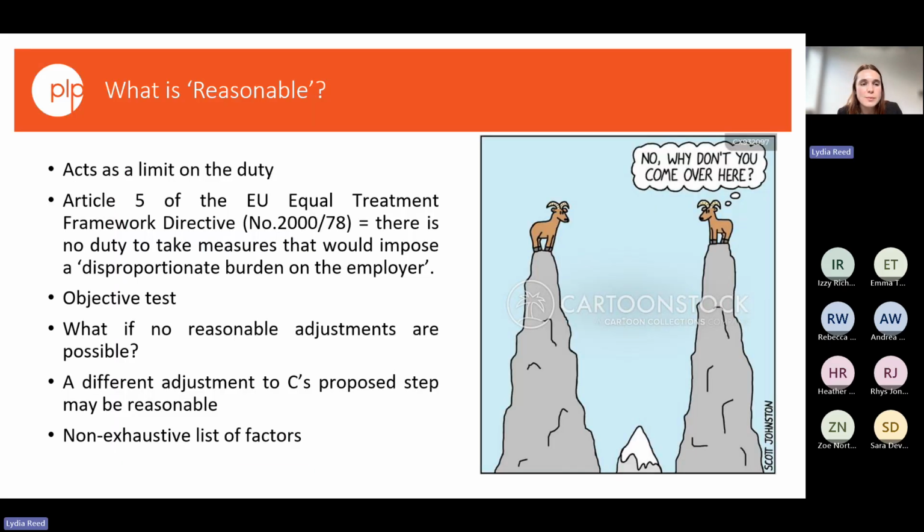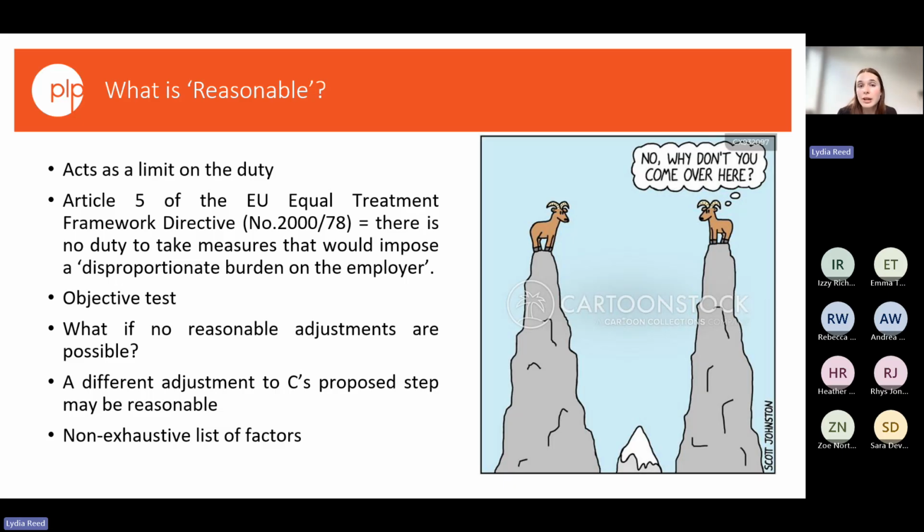Looking then to what is reasonable, so as the reasonable adjustment stage of the claim. This really is a limit on the duty. It means that employers, when responding to these claims, can avoid liability if the proposed step is not reasonable.